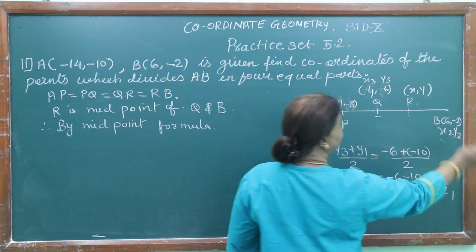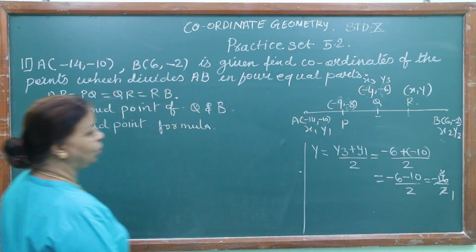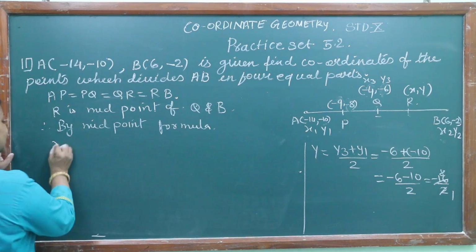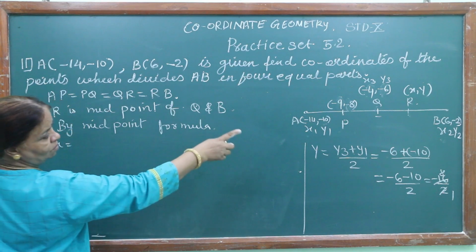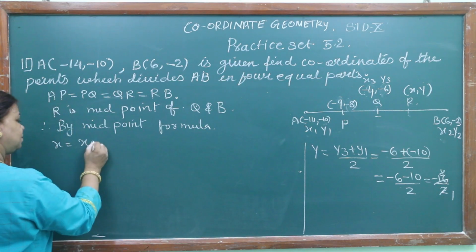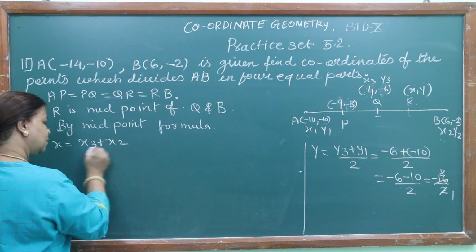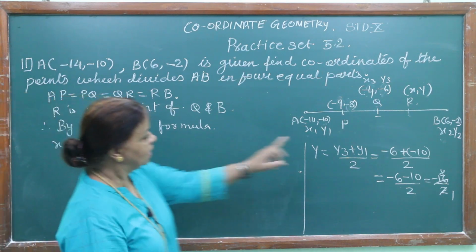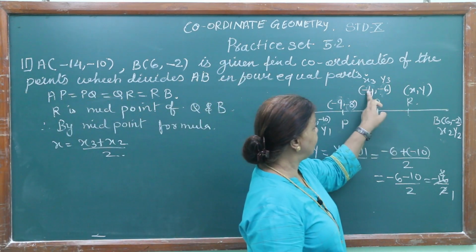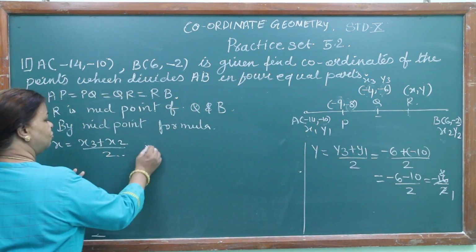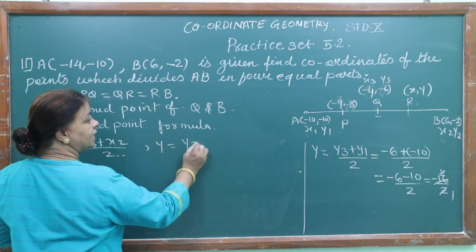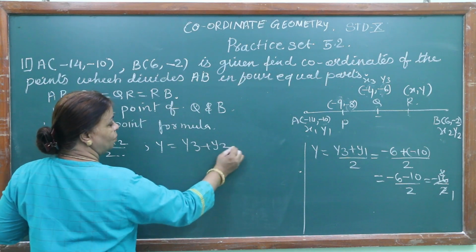Q and B we have to consider. R is the midpoint. So for finding x value, x3 plus x2 upon 2, children. See, R is the midpoint, therefore x3 plus x2 upon 2. And for y, y3 plus y2 upon 2.